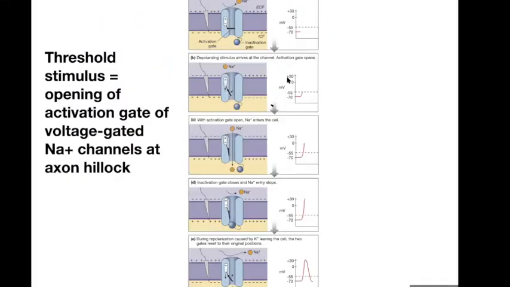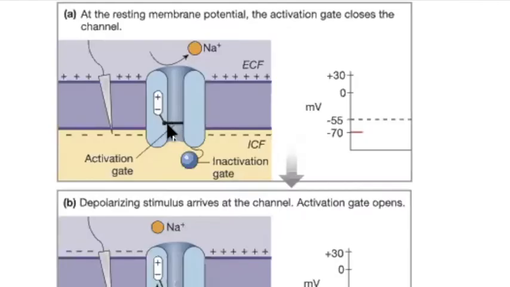So just to go over this again, your book doesn't really do this too well, but I want to mention that threshold stimulus at the axon hillock is basically the equivalent of what your sodium channel needs to open when it gets a stimuli.